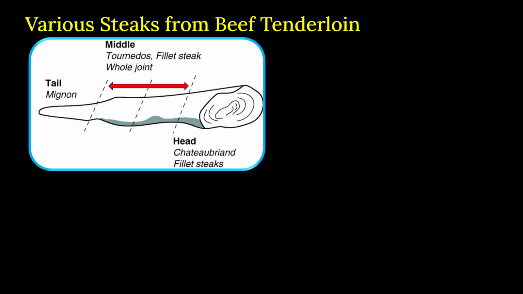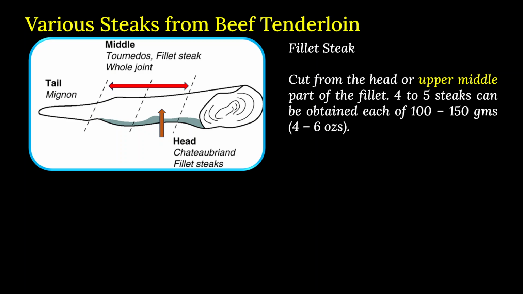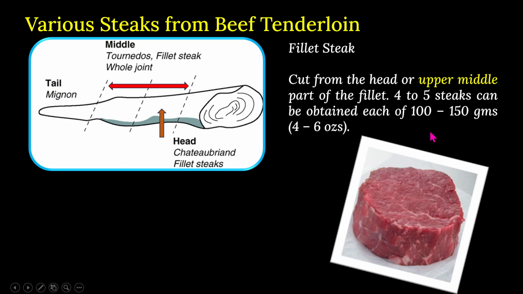First one, from the upper middle part. The steak we get is known as the fillet steak, cut from the head, as I have mentioned, or the upper middle part of the fillet. Normally 4 to 5 steaks we can get from a standard fillet of beef or tenderloin.